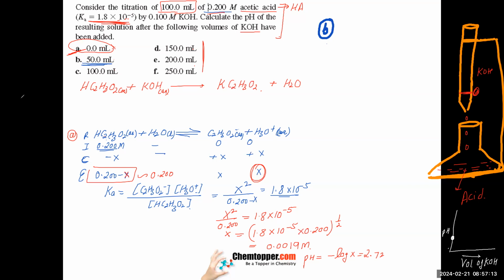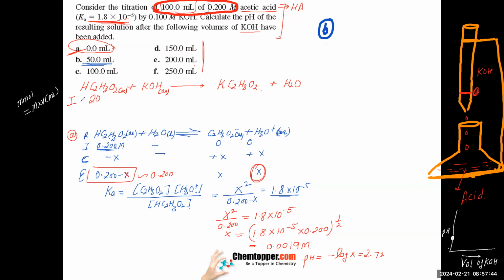No. Work with millimoles. Do you know the equation for millimoles? Millimole is molarity times volume in milliliters. So work out the millimoles of HC2H3O2 from the molarity and volume given to you here. So how many millimoles? 20 initially.